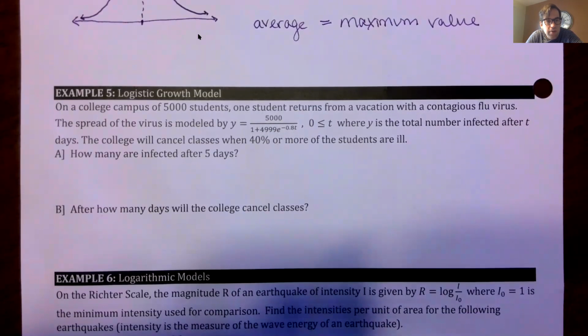On a college campus of 5,000 students, one student returns from a vacation with a contagious flu virus. The spread of the virus is modeled by this equation here, where t is greater than 0, where y is the total number infected after t days. The college will cancel classes when 40% or more of the students are ill. How many are infected after 5 days?